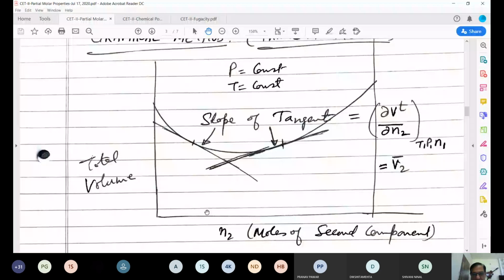It can be anything. So if you want to find the volume at any composition, draw a tangent to this curve at that point, at that composition. The slope of the tangent is delta Vt by delta N2 at constant temperature, pressure, and N1, which is by definition partial molar volume of second component.